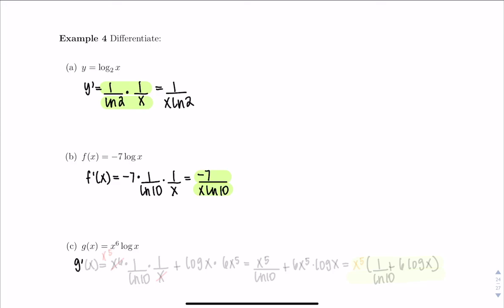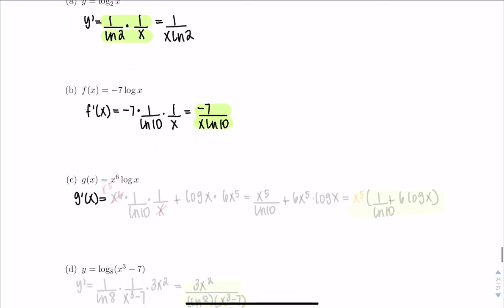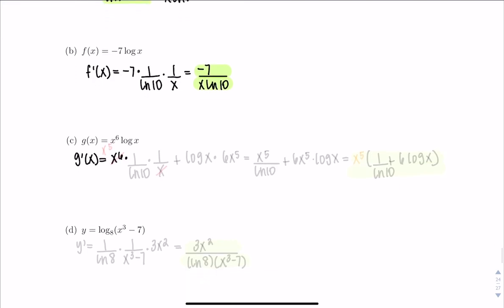For part C, we're going to use the product rule. So the first times the derivative of the second. So x to the 6 times 1 over ln of 10 times 1 over x plus the second times the derivative of the first, which is 6x to the 5th. So just like in the example previous, the x and the x to the 6 can simplify, which gives me x to the 5th.